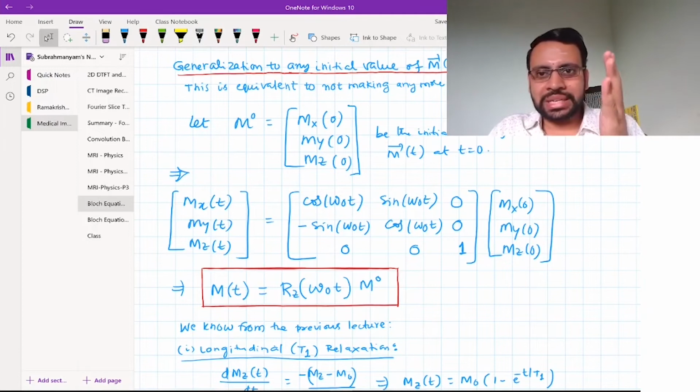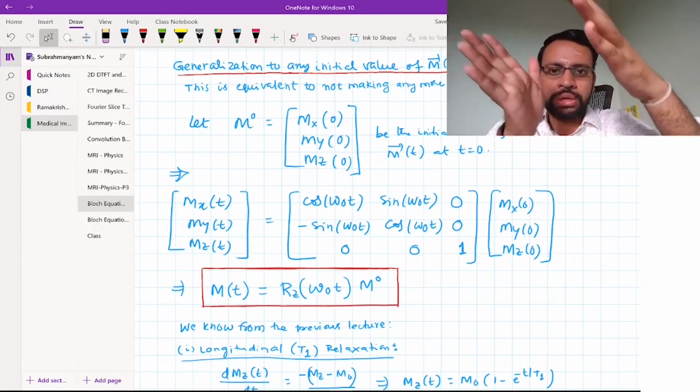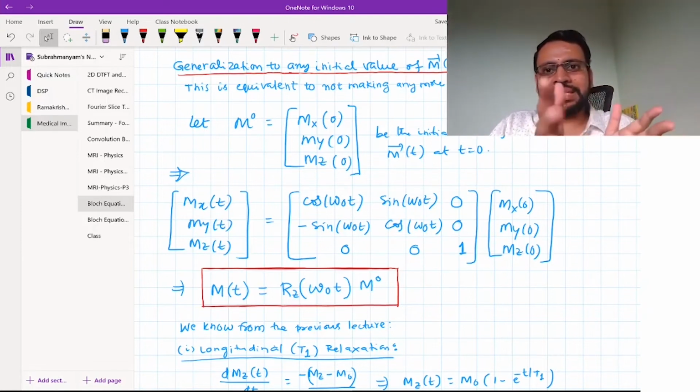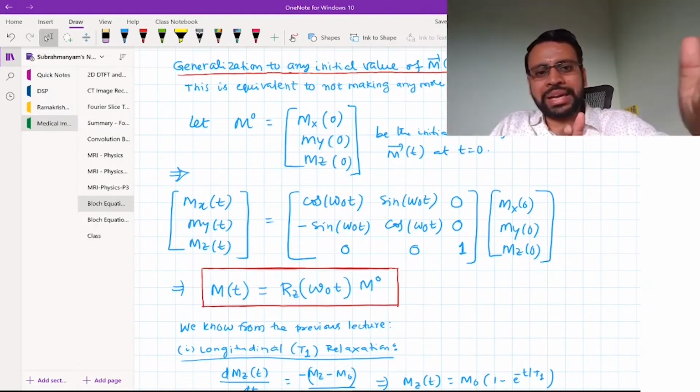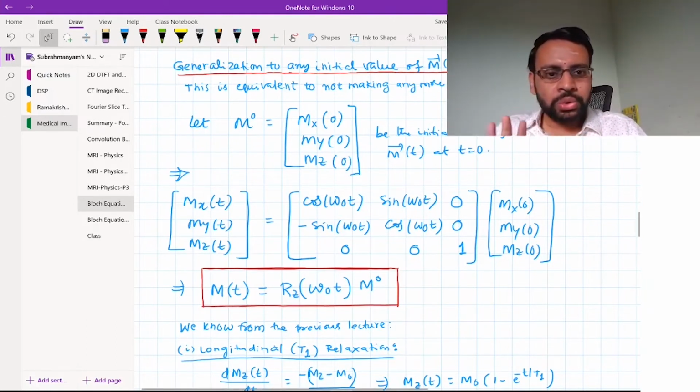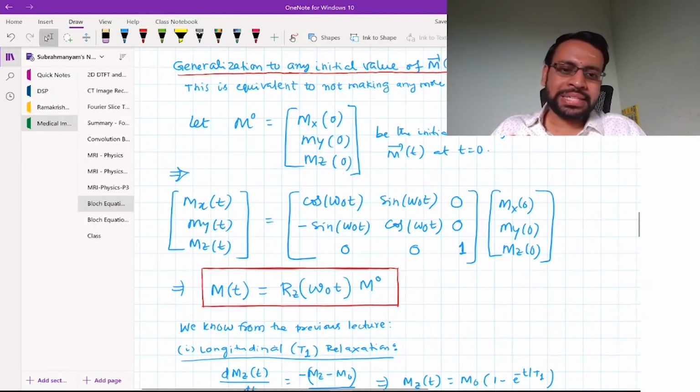That's exactly the transformation of coordinate axis we did in the case of the Radon transform, where we project parallel rays at different angles, and that time we were rotating the axis. So all you need to do right now is to multiply your initial values Mx of 0, My of 0 and Mz of 0 with cos omega naught t, sin omega naught t, minus sin omega naught t, cos omega naught t, right?